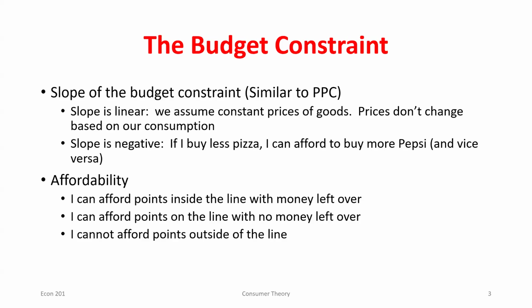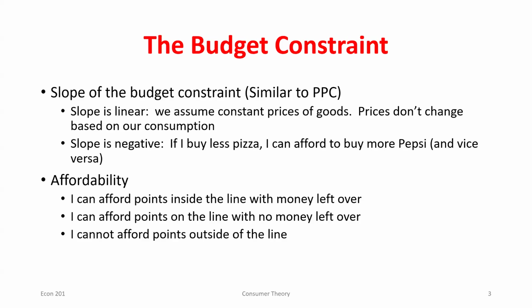What does this look similar to? An individual PPC, or production possibilities curve. You can almost think of it now as the consumer's consumption curve, right? I guess CCC is kind of a weird thing, but that's how we can think about it. So if I wanted to find the slope and I had these two extreme points, how would I do that?